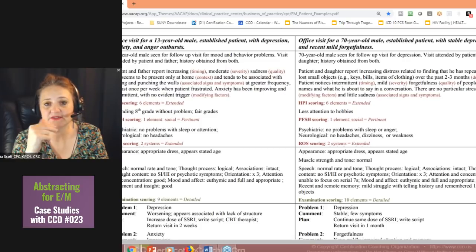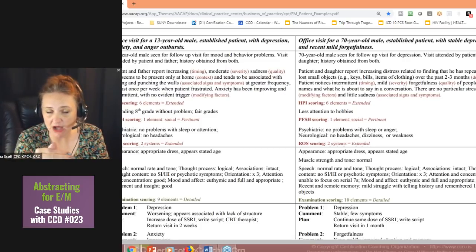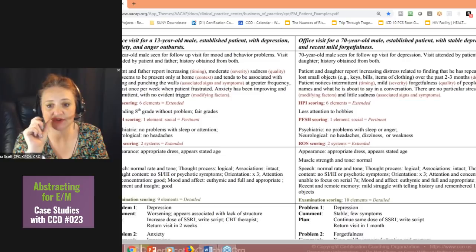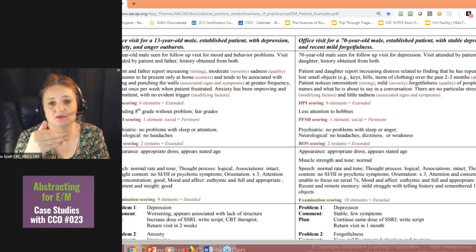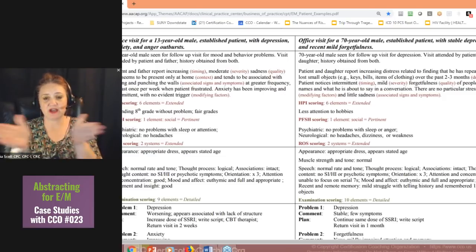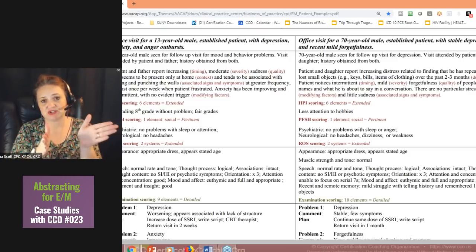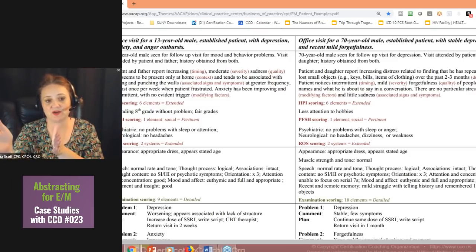It doesn't even matter whether they have a problem or not in this area when you're abstracting, because look, psychiatric, no problems with sleep or anger. It's the fact that it was addressed, so it gets to count. And then neurological, no headache, dizziness, or weakness. The reason review of systems is important like this is because it puts the provider in and answers questions on whether we're going here or there.